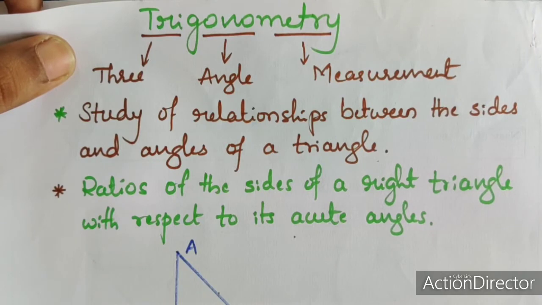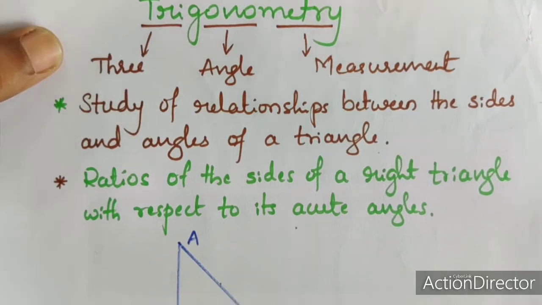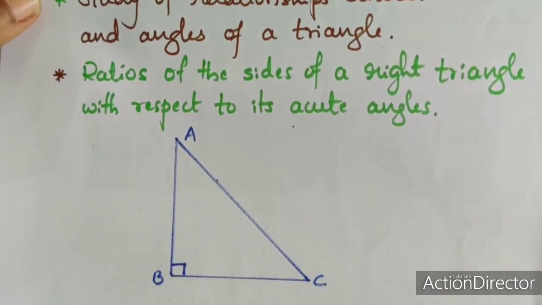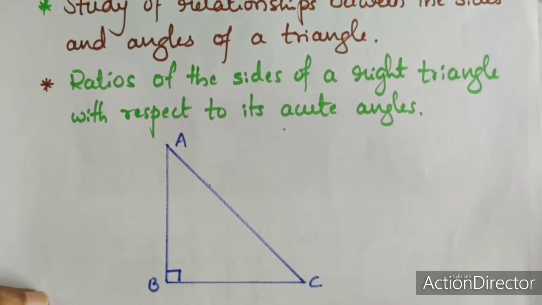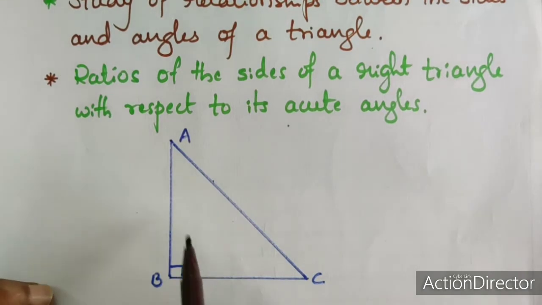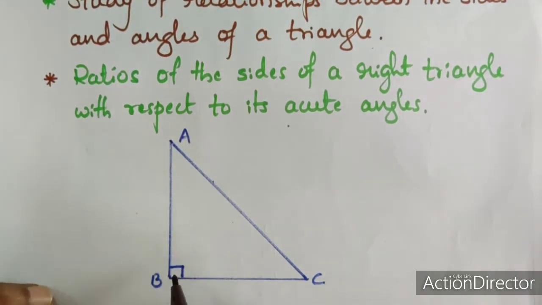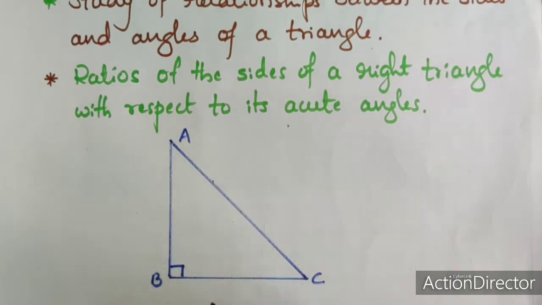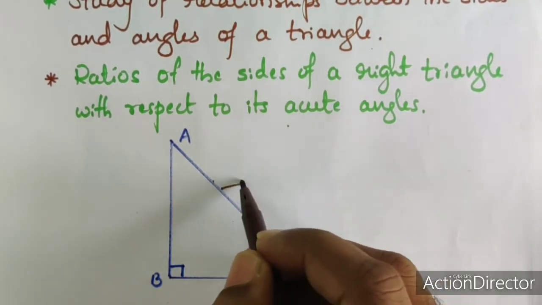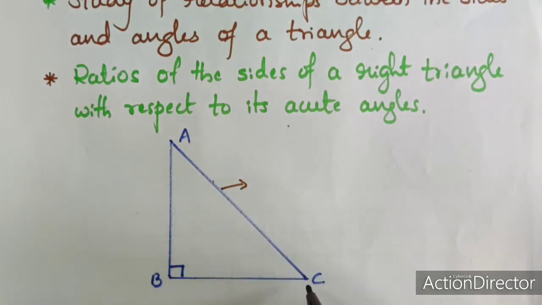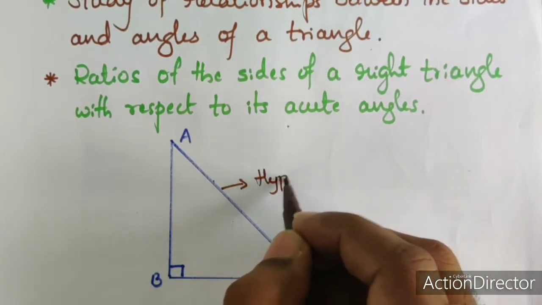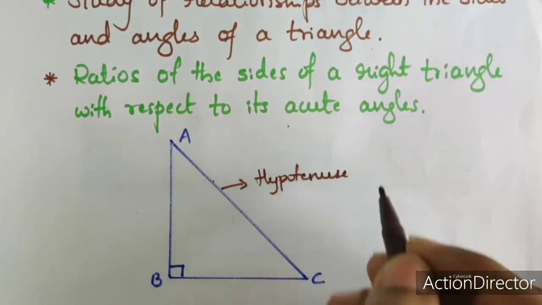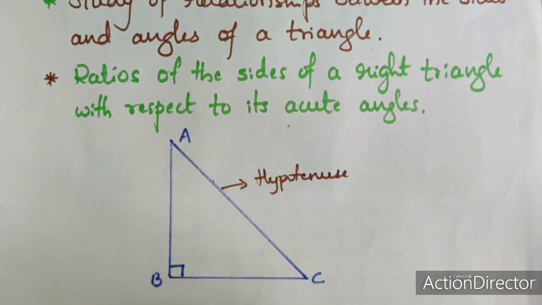So I have drawn a few pictures of right angle triangles here. We need to learn about the right angle triangle very clearly and about its sides also. You know that a right angle triangle will have one 90-degree angle here, and it will have three sides. You must know that this is the longest side in a right angle triangle, which is called the hypotenuse.